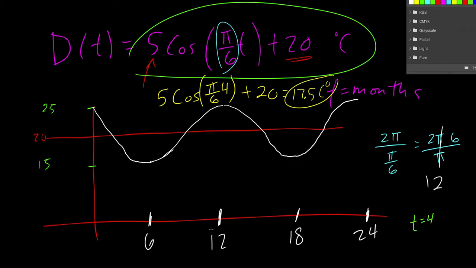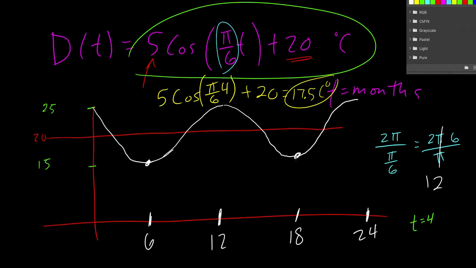It says find the minimum average daytime temperature and the month in which it occurs. Well, we see we have a minimum here. We also see that we have a minimum here. So we could use T equals 6 or T equals 18, and we should get both of those. Now, the 6th month in the year, January, February, March, April, May, June, but remember everything's been shifted back one.